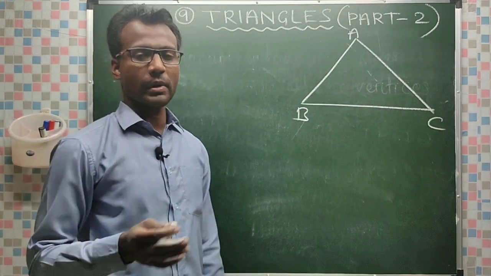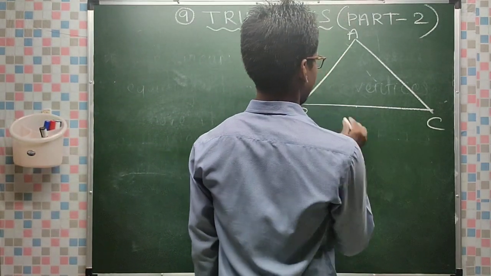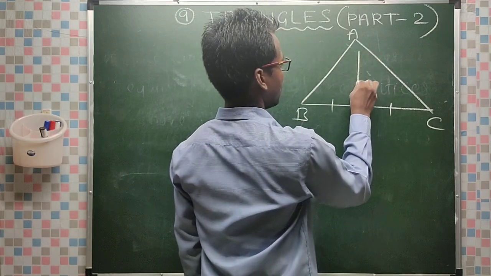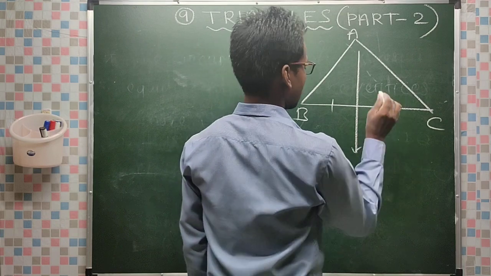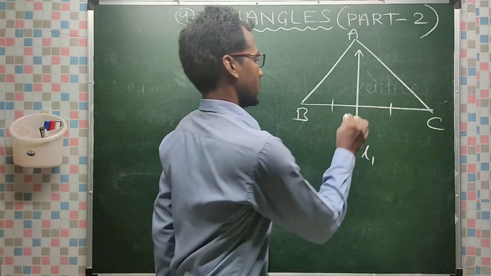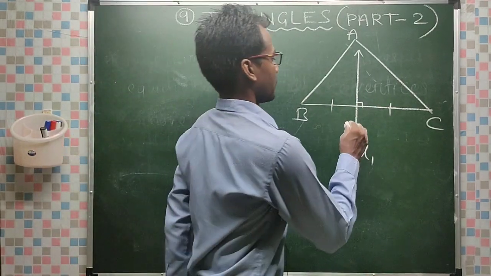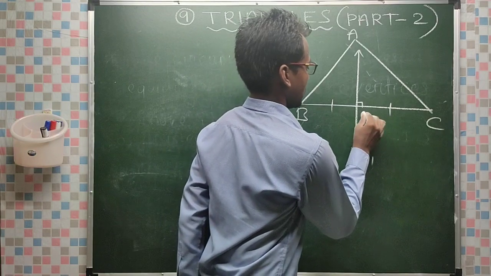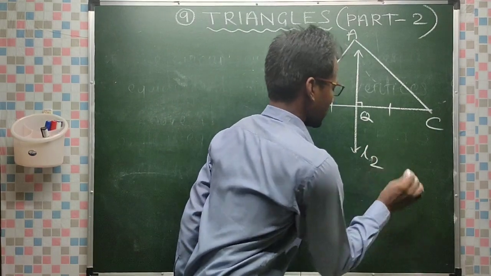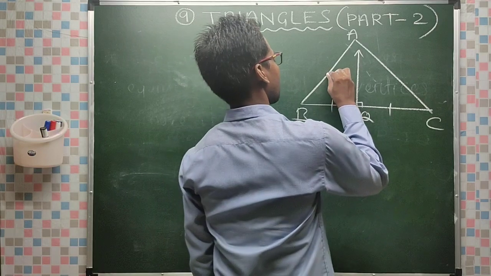How to get circumcenter? By drawing perpendicular bisectors. Suppose this is equal to this. Let us take the midpoint of AB.